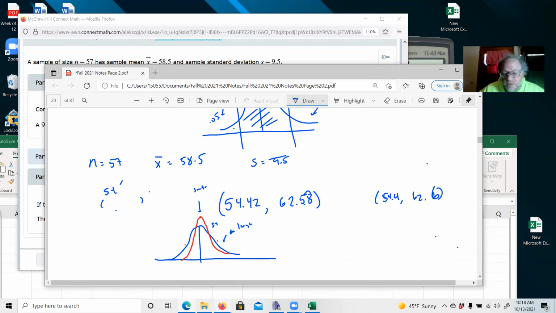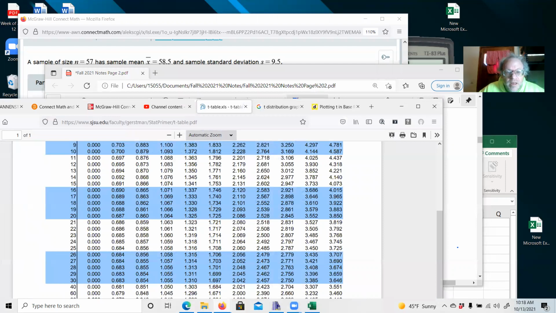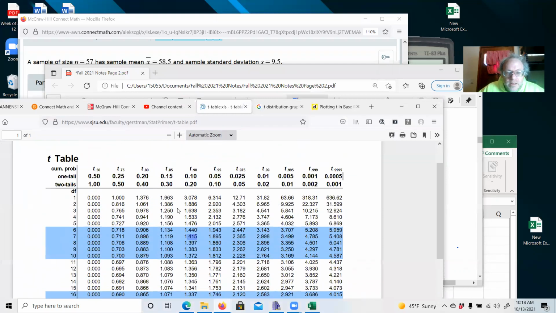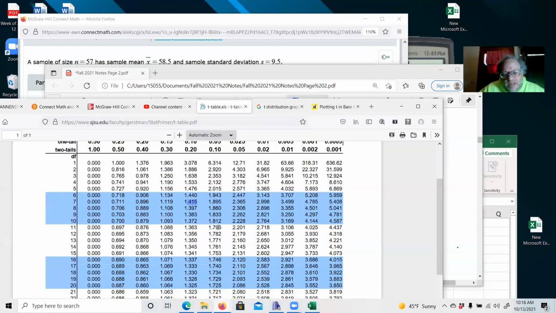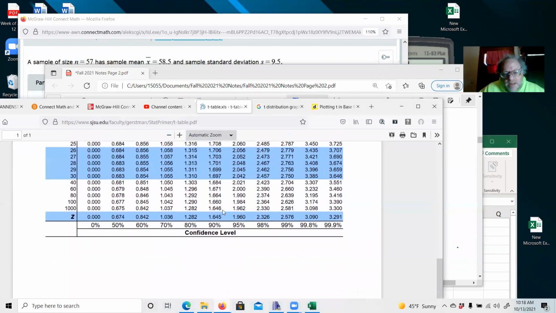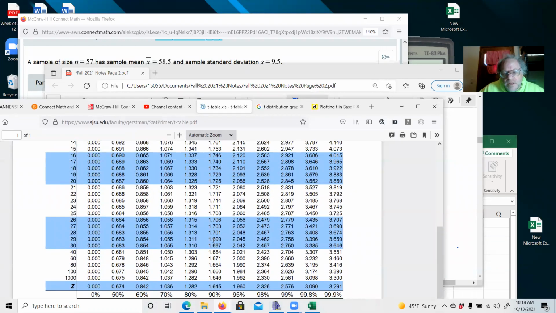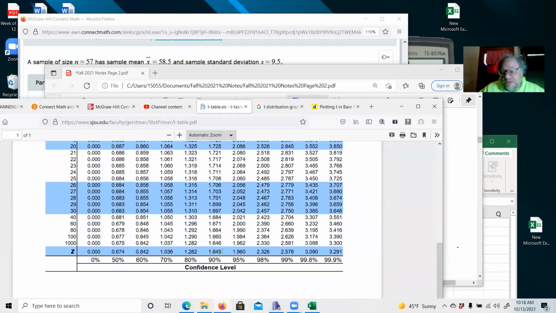If you looked at the table, look at the values for low degrees of freedom. If we just pick T95, look at this, like 2.353 for low ones, then 2.015, and look what happens as we go bigger and bigger to where we get to Z. This is how we used to have to do it.